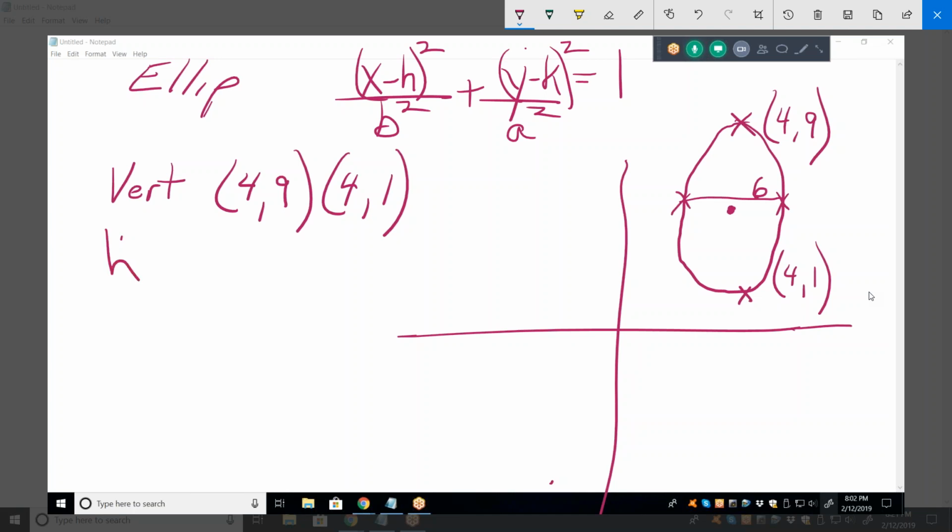And we have enough information to figure out H and K. What's the x-coordinate of that center? What's the x-coordinate of both those vertices? 4. That's the x-coordinate of the center. Okay. What's the y-coordinate of the center?